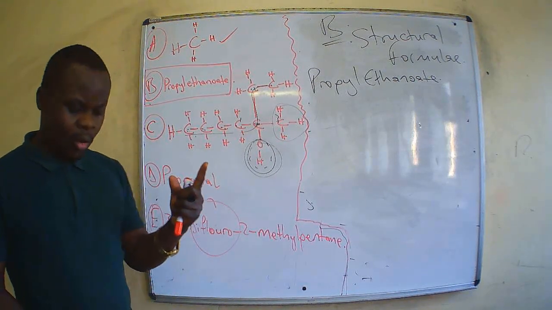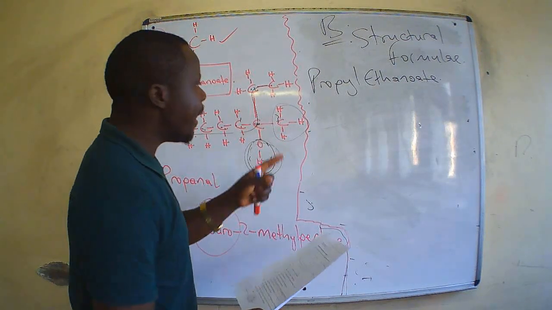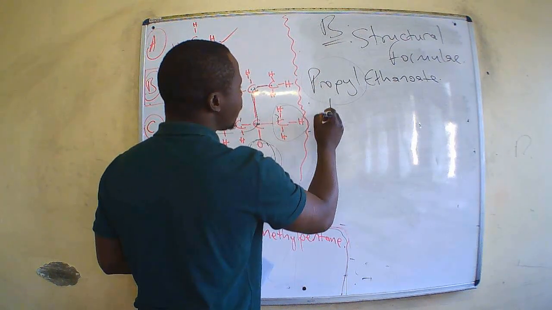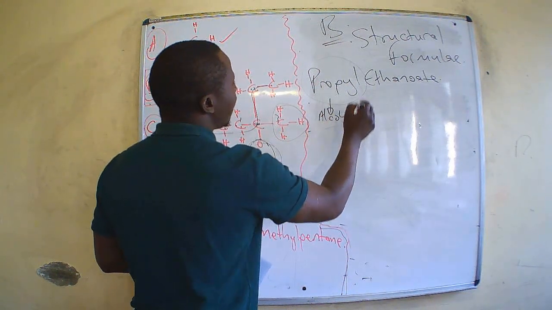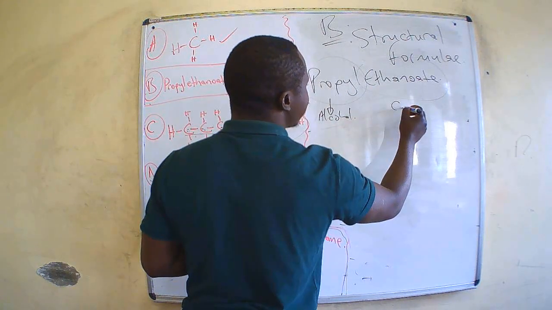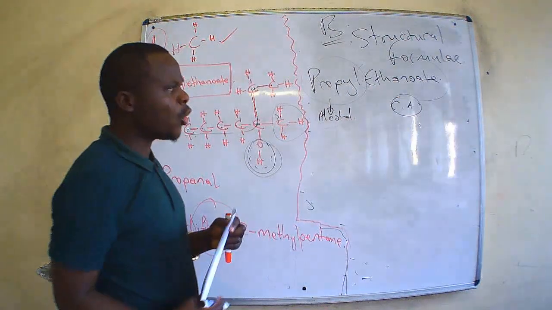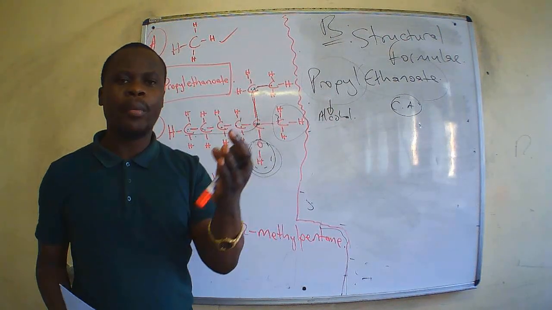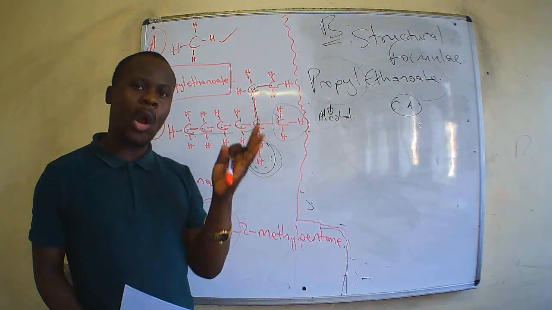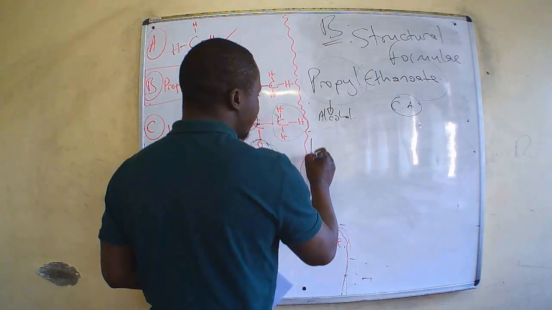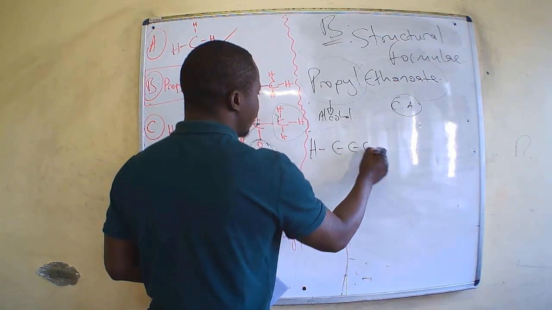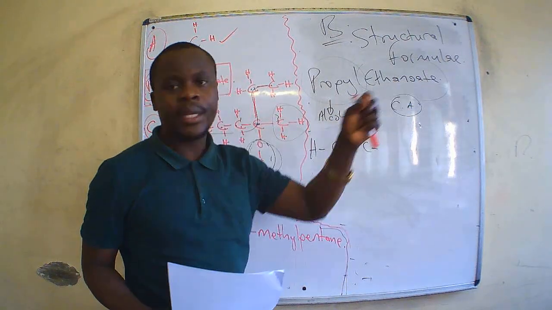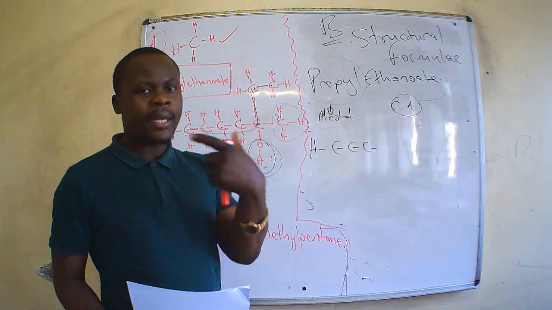An ester is made from one part from the alcohol and another part from the carboxylic acid. Because this is propyl, prop means it was made from 3 carbons of alcohol. So we are going to have 1, 2, 3. But the root name, ethanoate, means there are 2 carbons from the carboxylic acid.